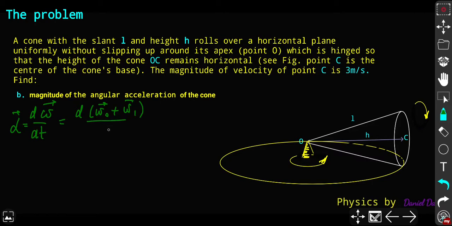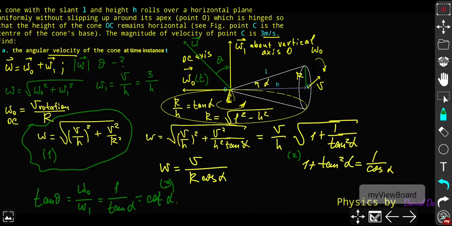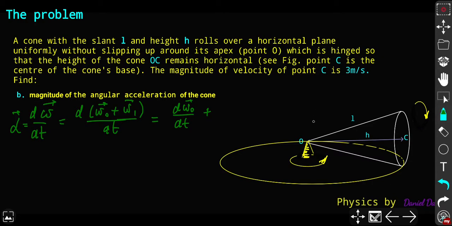Because it moves uniformly, we will notice that omega 1 as a vector is not turning anywhere. Let's have a look at the picture one more time. Omega 1 stays in its place, so it's constant, and that means its derivative becomes 0.